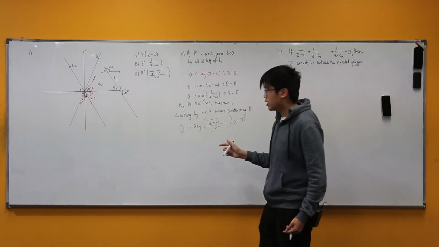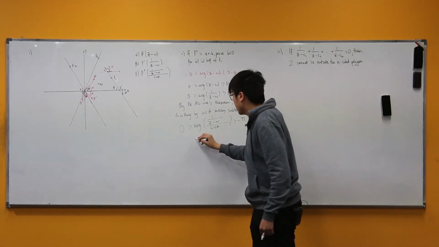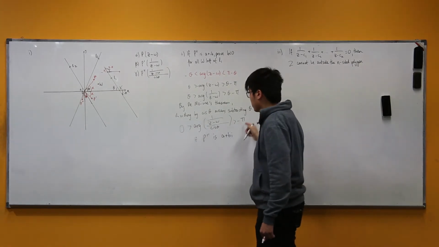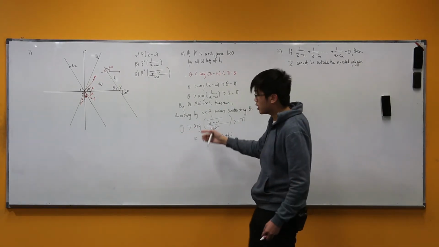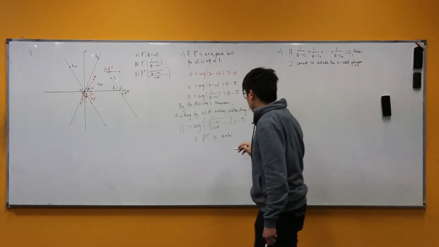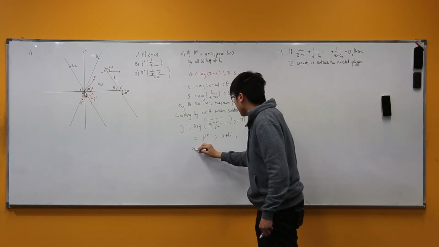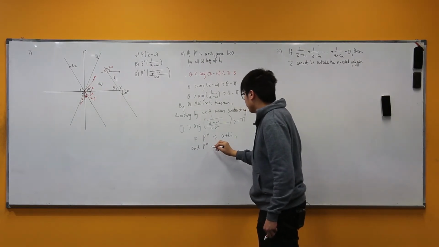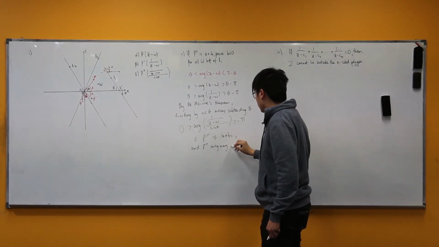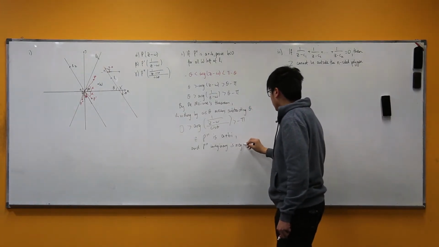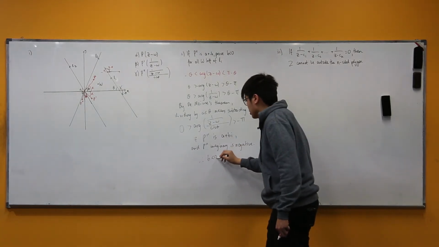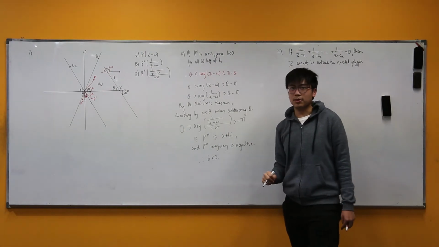So if we write it in terms of a plus bi, this represents the imaginary part being negative, because it can only be from here to here. And P dash dash imaginary part is, therefore b must be less than 0. And that's how you do the second part.